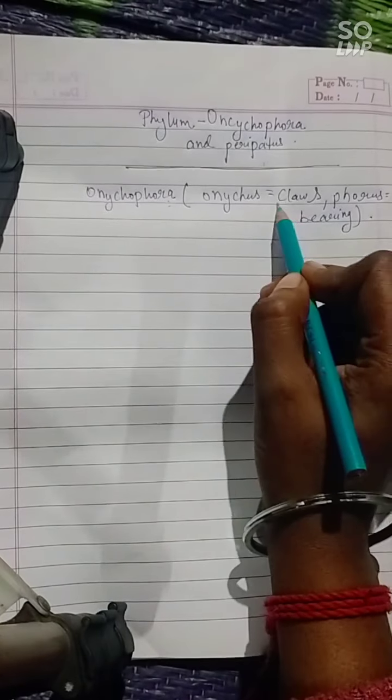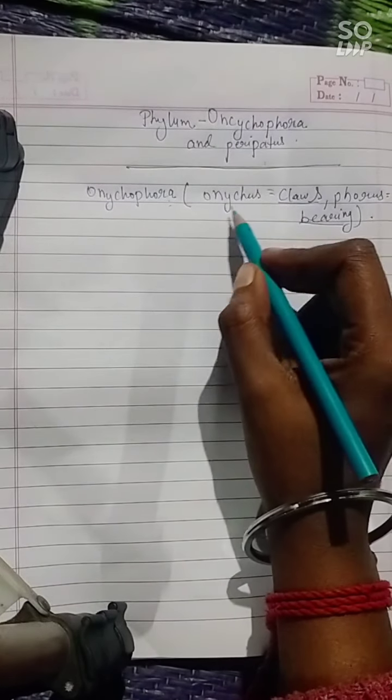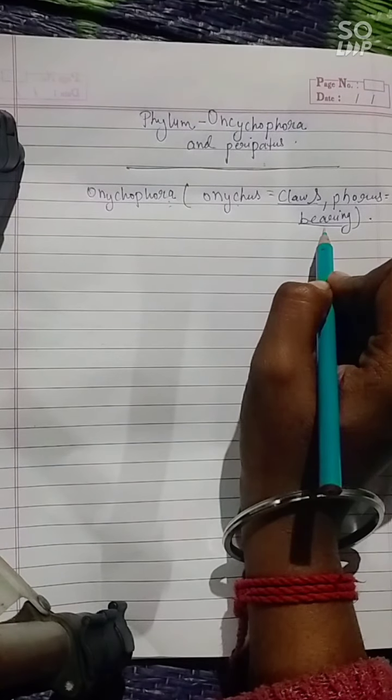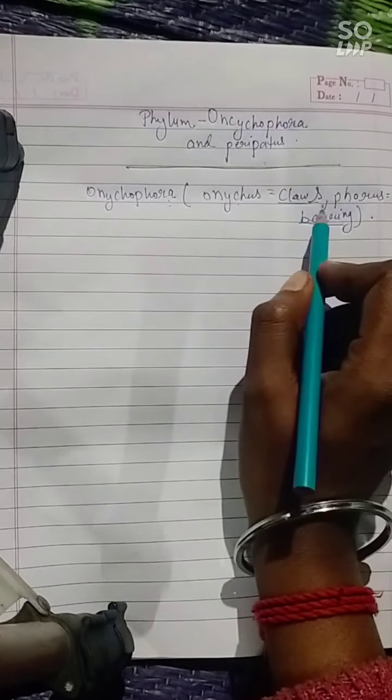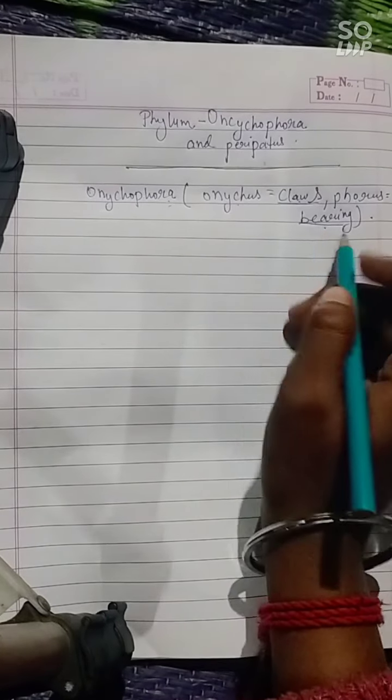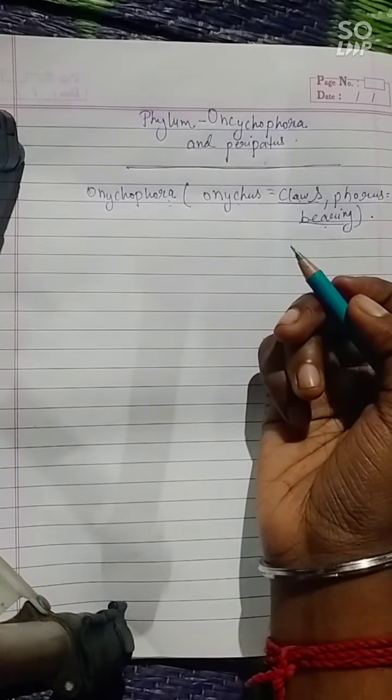So Onychophora means claw bearing. Clear? Onychus means claws and phorus means bearing. It is an ancient phylum.